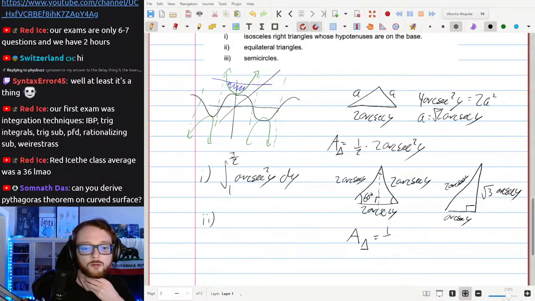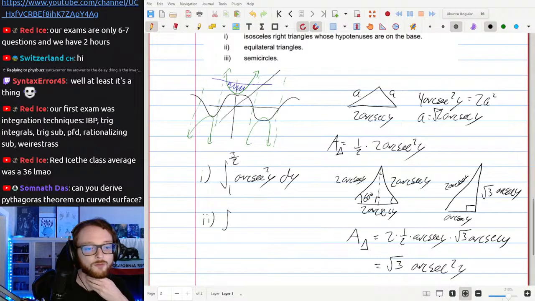So it'll be 2 times 1/2 base times height of that: arcsecant y times root 3 arcsecant y. Now just clean that up. We'll get root 3 times arcsecant squared y. So that's kind of cool. It's going to be the exact same integral, but you stick a root 3 in front.